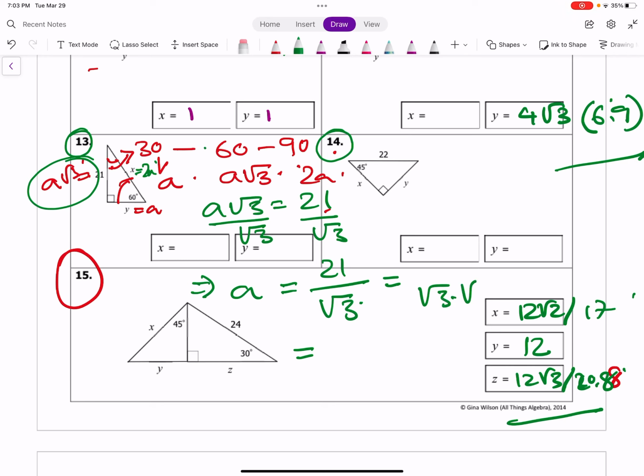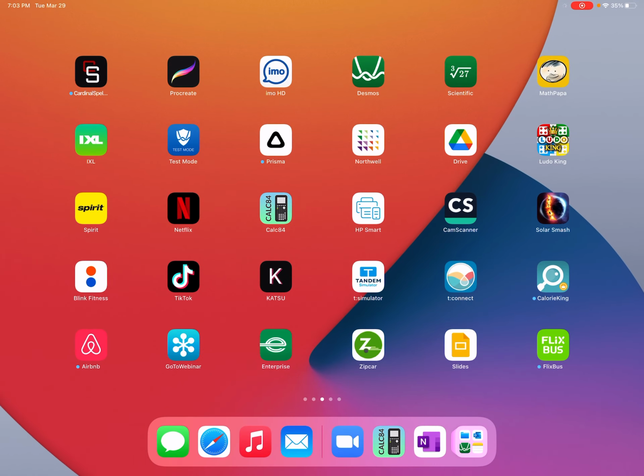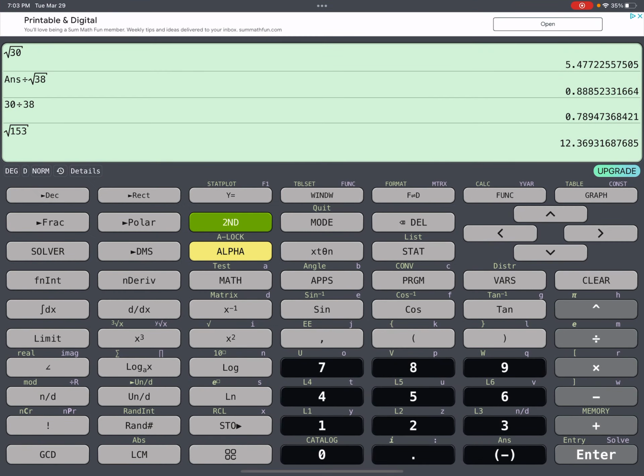Let's say we multiply with radical 3, I'm trying to make the denominator 3, since two radicals give us 3. Or use the calculator. For now I'm happy with the calculator.